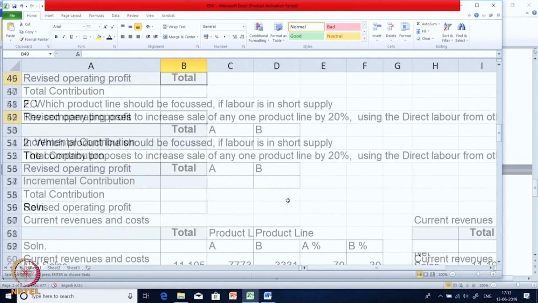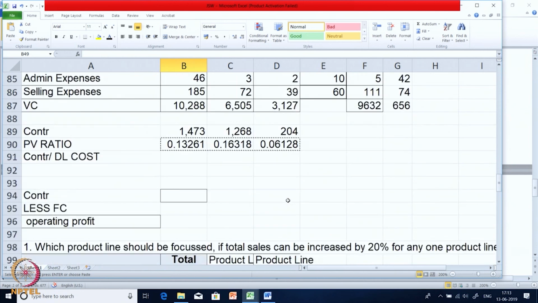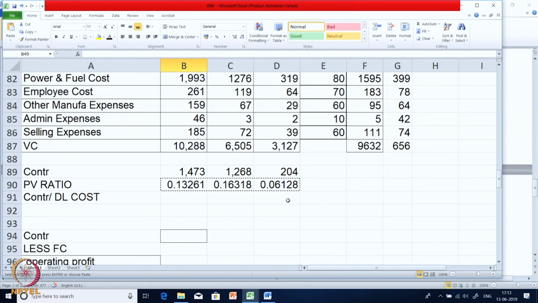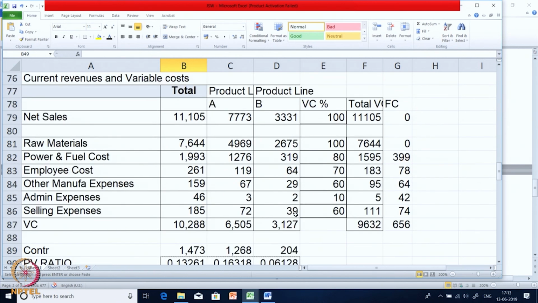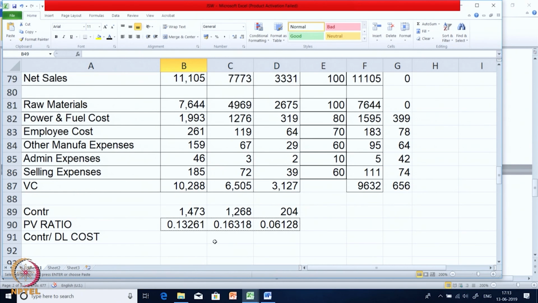Keep in mind that fixed cost is anyway not going to change. So what is going to change is only your contribution, which will change the operating profit. Now this product line A currently has a contribution of 1268. Just increase the contribution by 20%. Are you getting it?